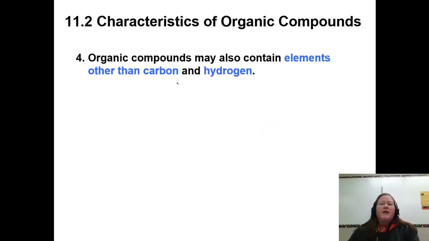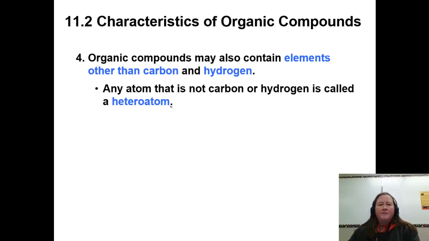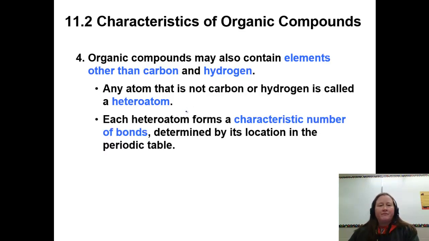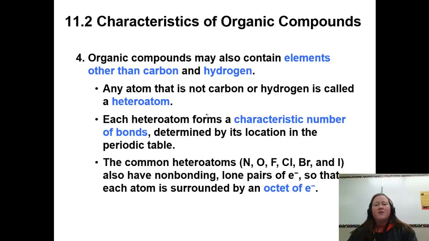So sometimes we'll have elements other than carbon and hydrogen. Any atom that's not carbon or hydrogen is called a heteroatom. Each heteroatom forms a characteristic number of bonds determined by its location on the periodic table. So the common atoms that we will see include nitrogen, oxygen, fluorine, chlorine, bromine, and iodine.